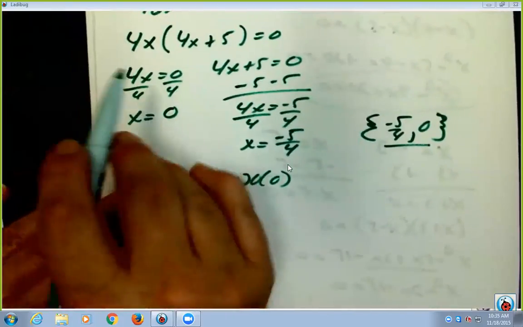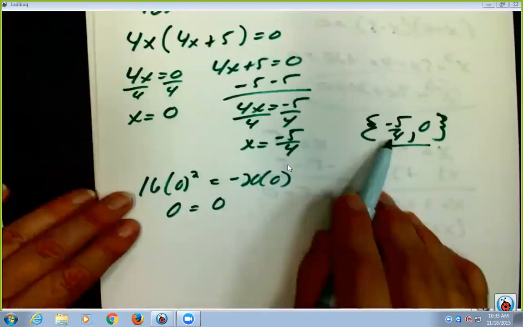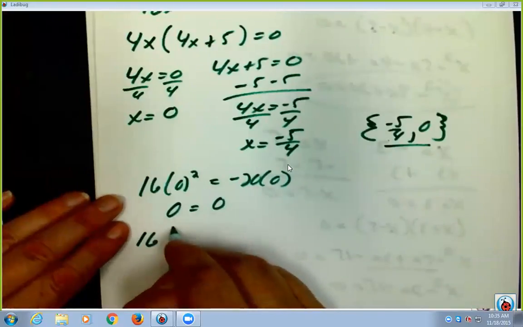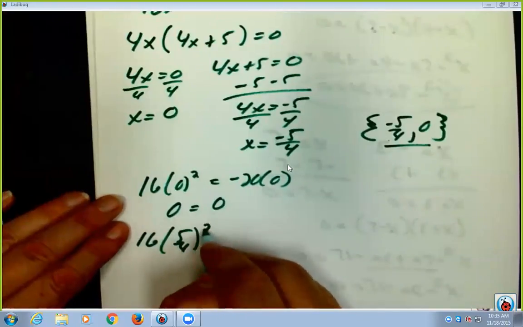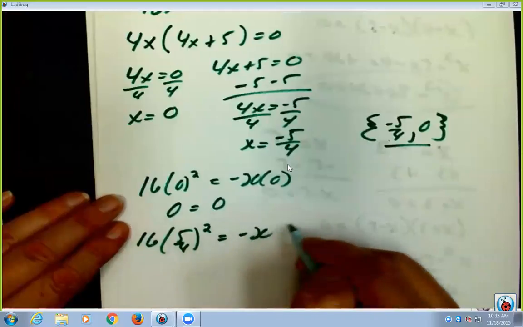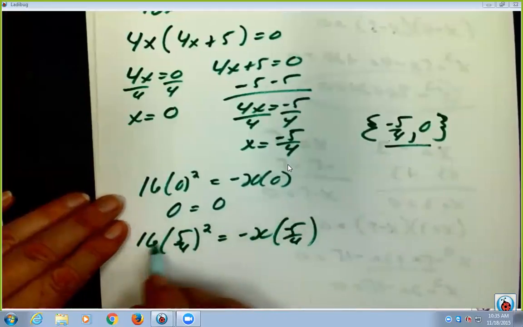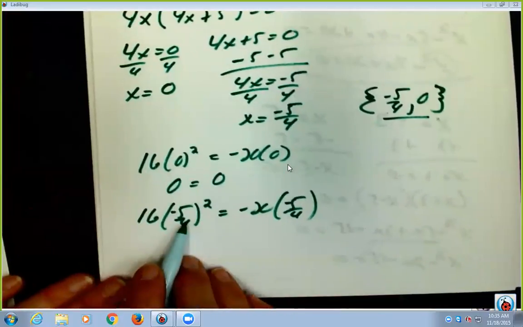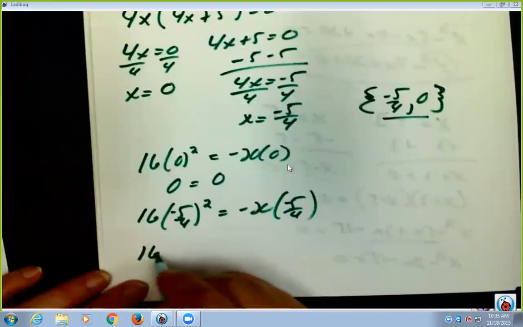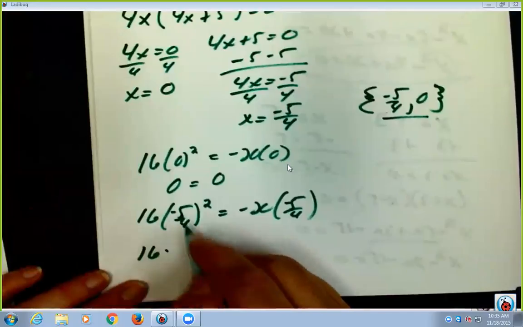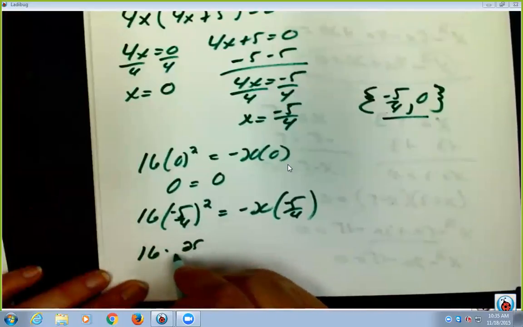Then if we do this other one and plug the negative 5/4 in. If I square negative 5/4, I get 16 times negative 5 times negative 5 is 25, and 4 times 4 is 16.